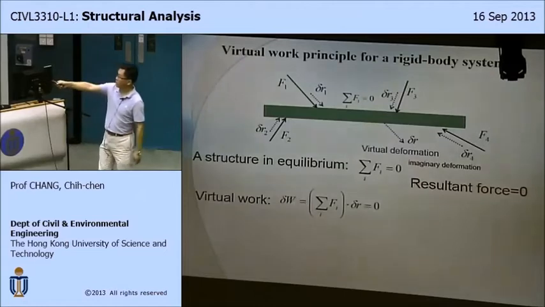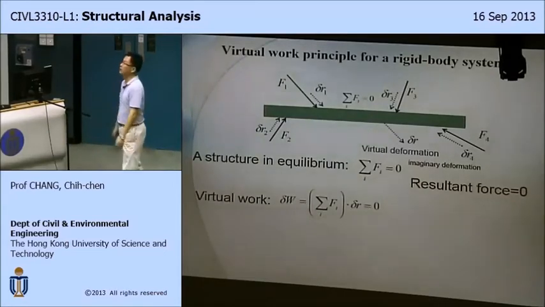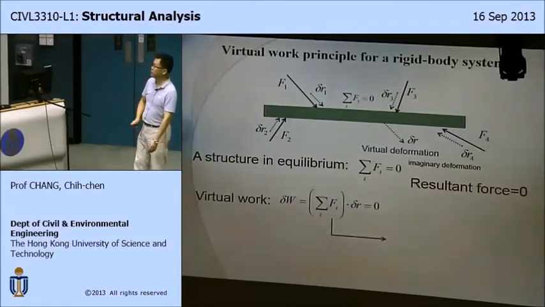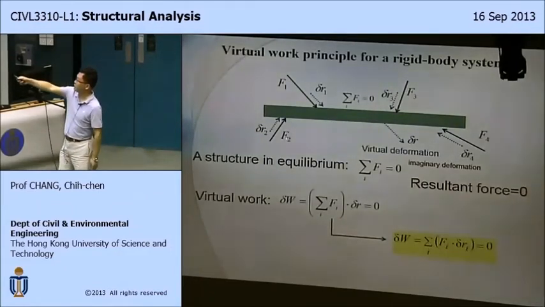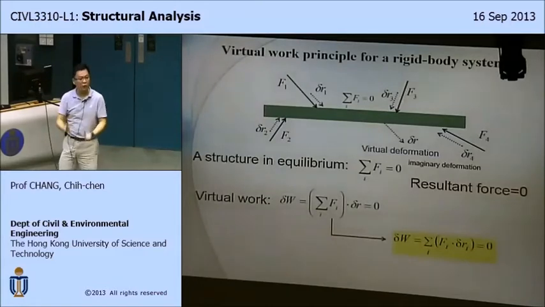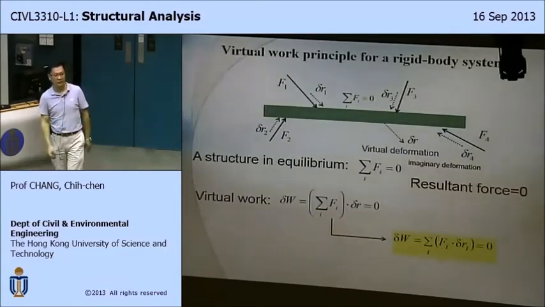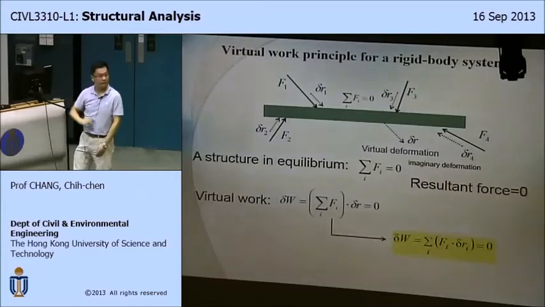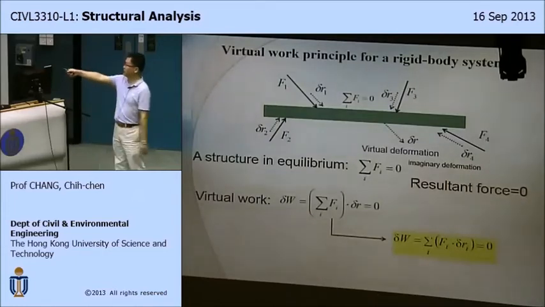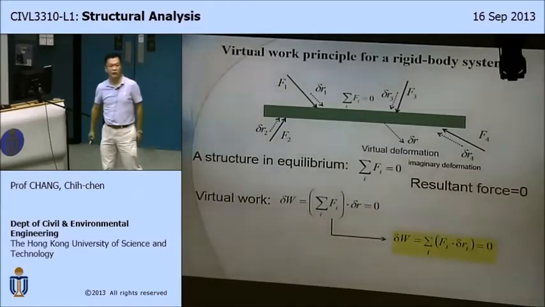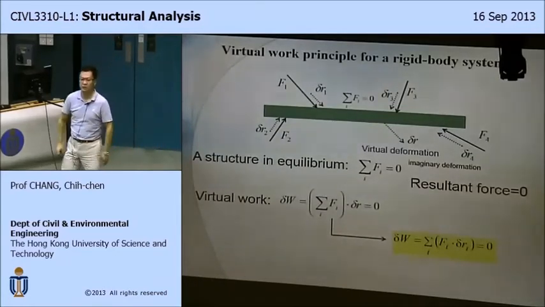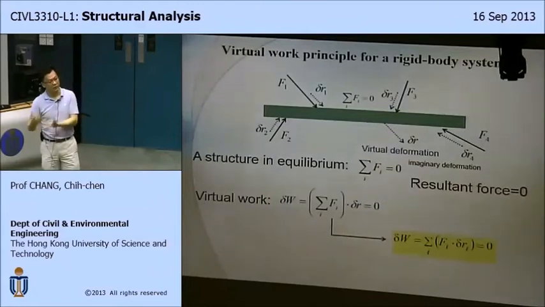Okay, so this work can also be formulated force by force. You can go to each one of the forces, multiply it by its corresponding virtual deformation, and then do a summation. So it tells you that the work created by these virtual deformations, when you sum them up, is equal to 0.